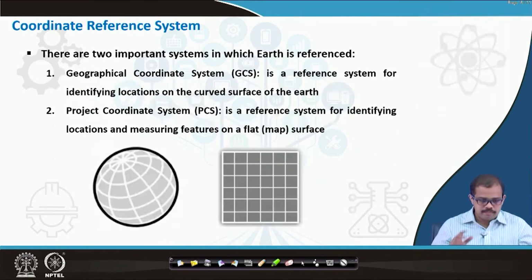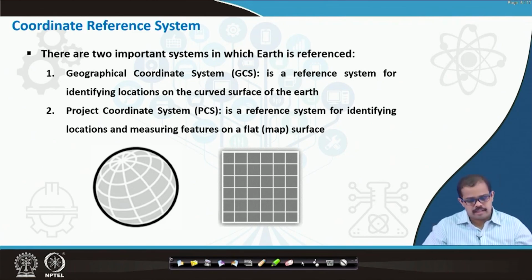Keep this in mind: whenever you are looking at a CRS, look at all of these four quantities, and only then will you be able to understand the CRS. There are two important systems in coordinate referencing. These are the four different quantities that I explained in my previous slide, but in order to reference, you have two types of system.